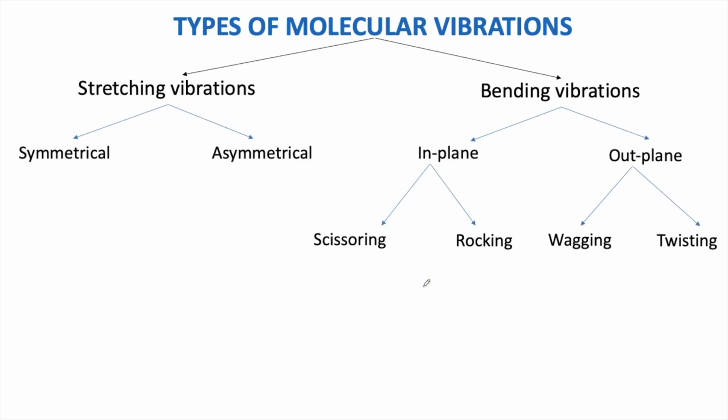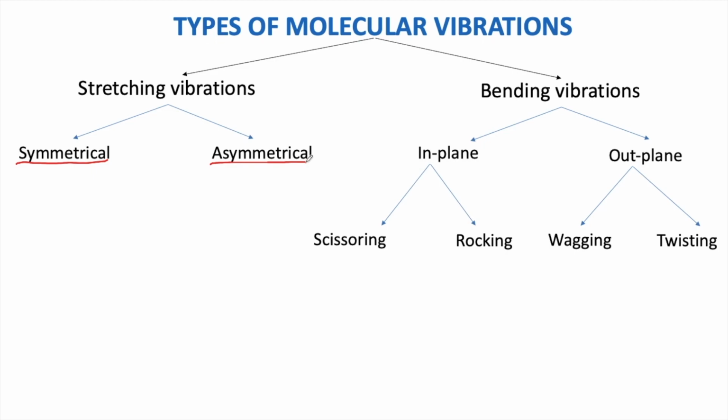Types of molecular vibrations. Molecular vibrations can be classified into two types. First, we have stretching vibrations, and second, we have bending vibrations. Stretching vibrations are further classified into two types: symmetrical stretching vibrations and asymmetrical stretching vibrations.